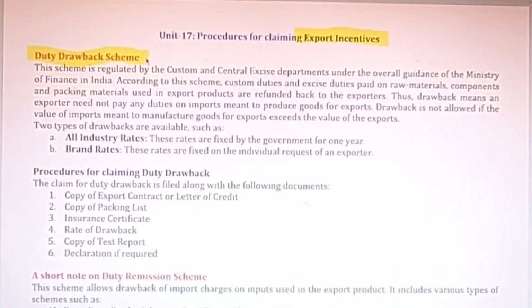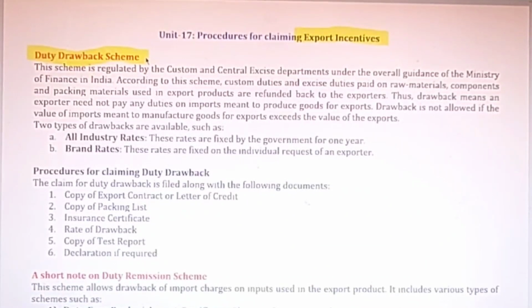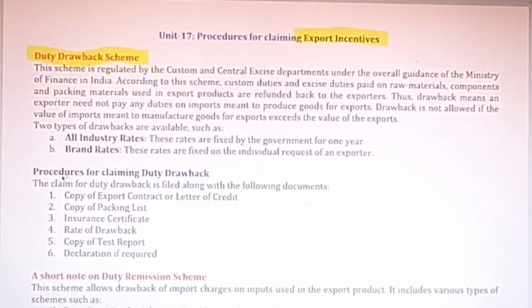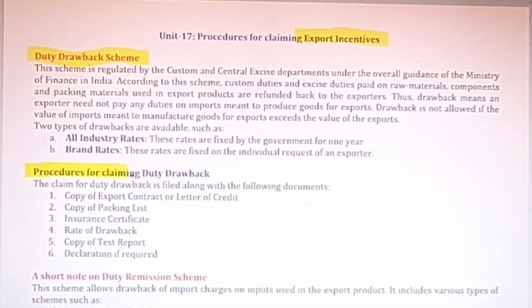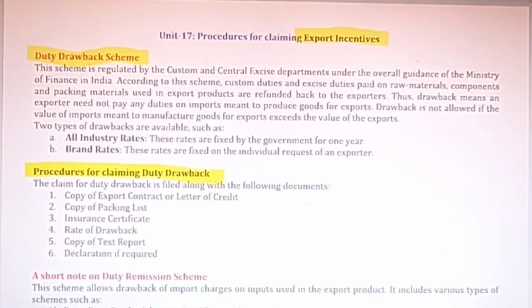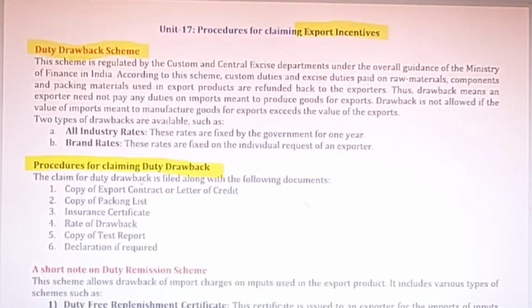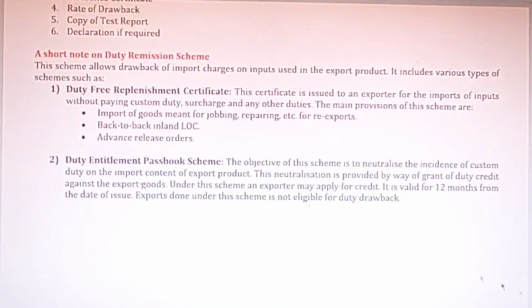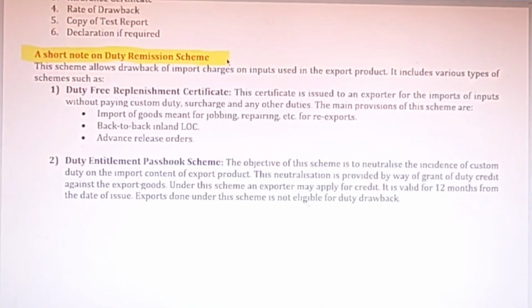According to this scheme, whatever duty is being paid by the exporter, he can get it back by claiming duty drawback. So that is duty drawback. There are some processes which the exporter has to follow to get the claims. The next incentive is this one, duty remission scheme. A question on this also came in June.